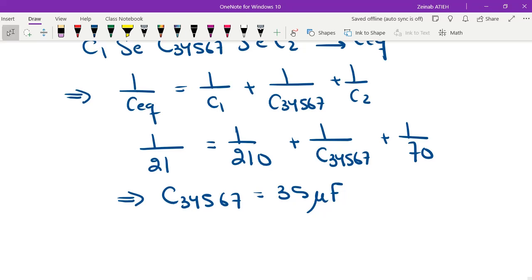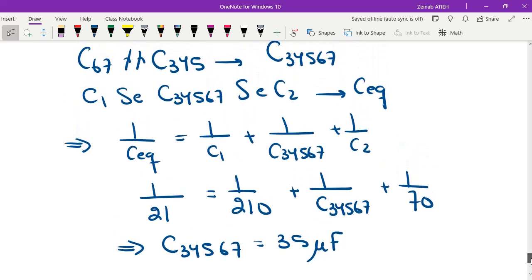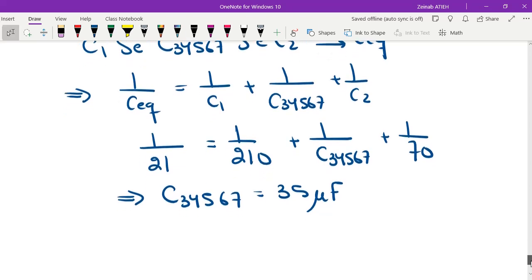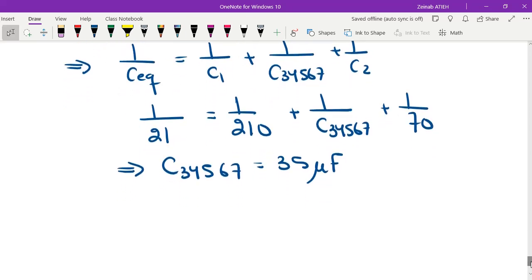Okay, let's go back to the step before. C34567 replaces C67 and C345, which are in parallel.